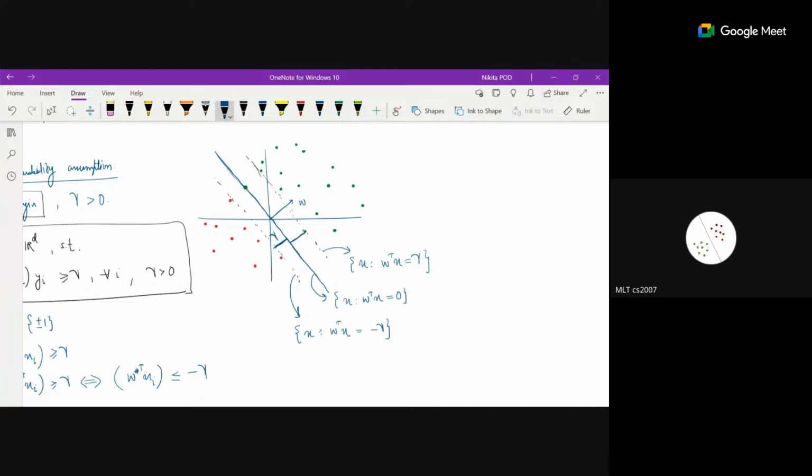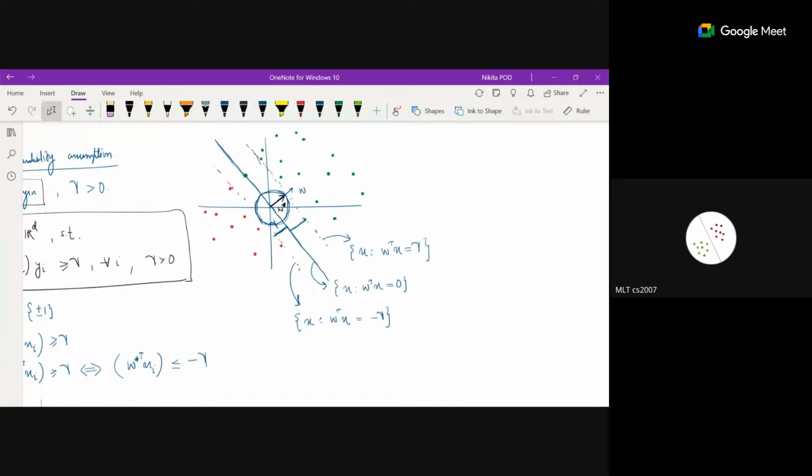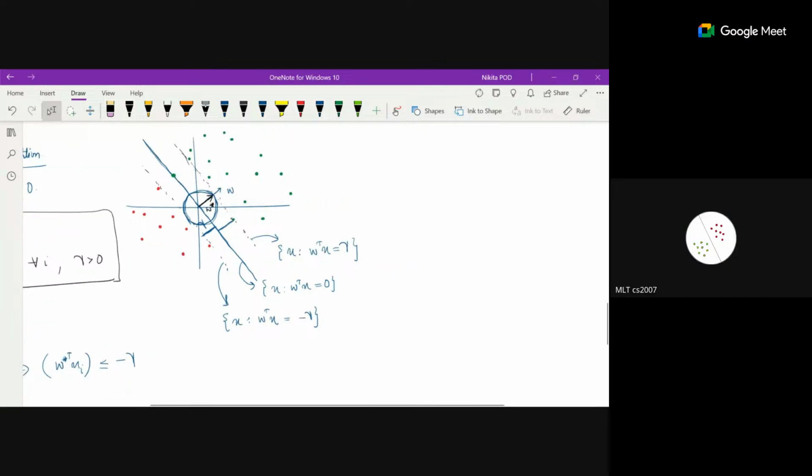Currently this is any w, but now I can convert this to some vector, let's call this w star, and this w star is a unit vector.